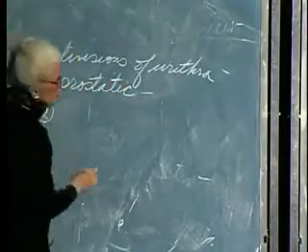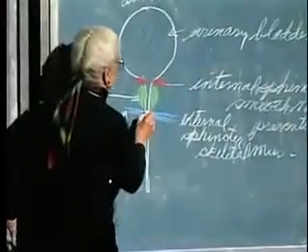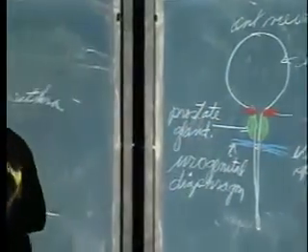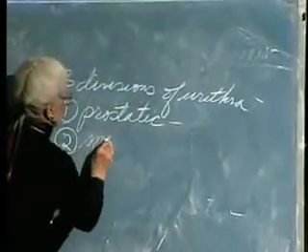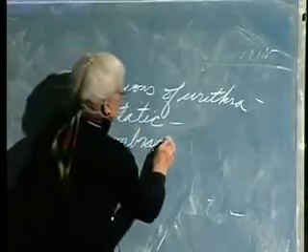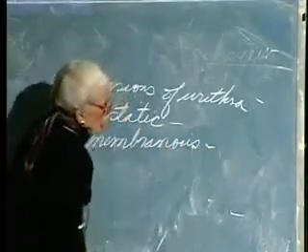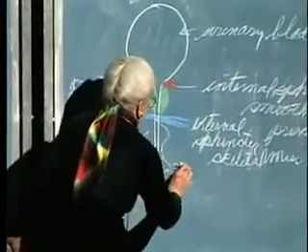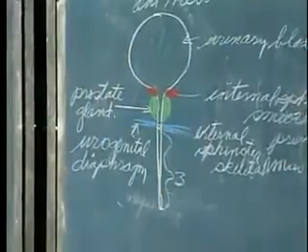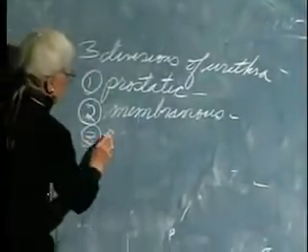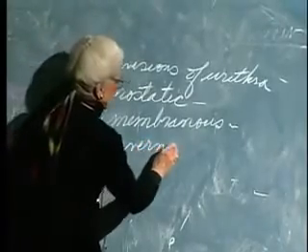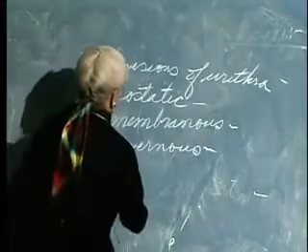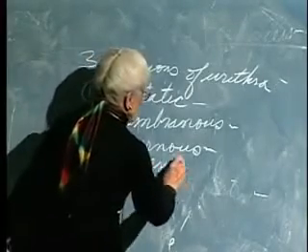The second one will be the membranous. It's this part of the urethra in our urogenital diaphragm, so it's called membranous division. And the major part will be the cavernous urethra. Cavernous urethra will be in the penis. And we'll see that when we develop the penis with the male reproductive system.